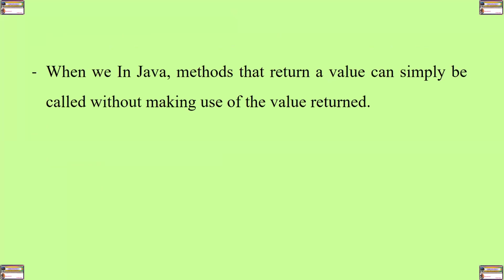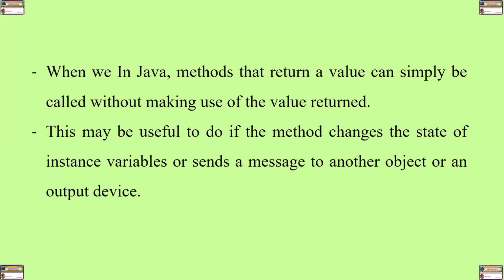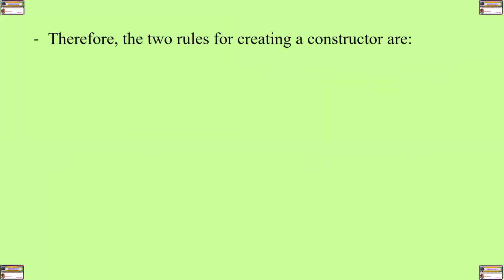When we are working in Java, methods that return a value can simply be called without making use of the value returned. This may be useful if the method changes the state of instance variables or sends a message to another object or an output device.